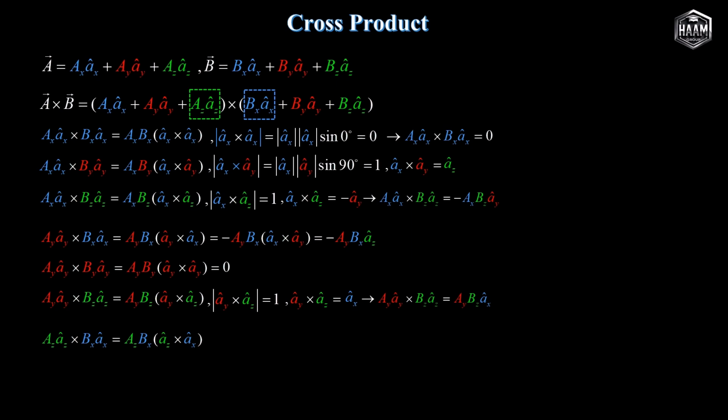x a hat sub x equals a sub z b sub x times the quantity a hat sub z cross a hat sub x.